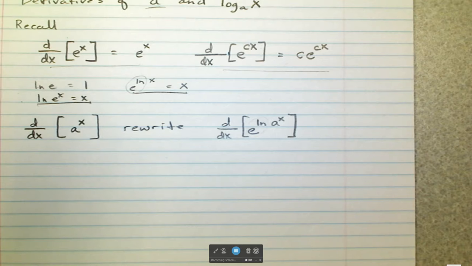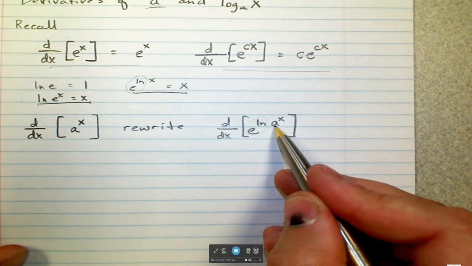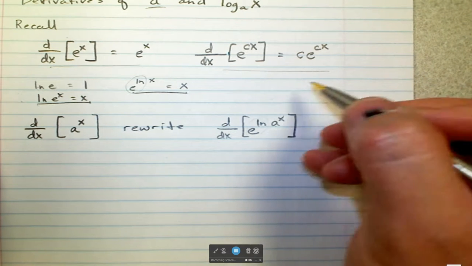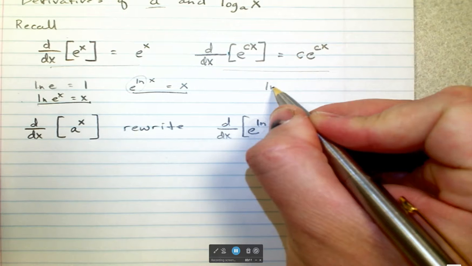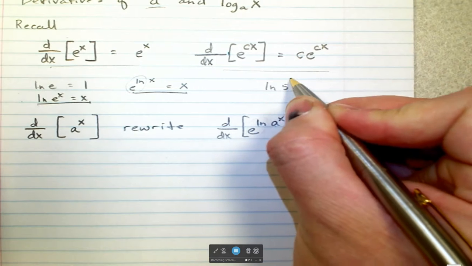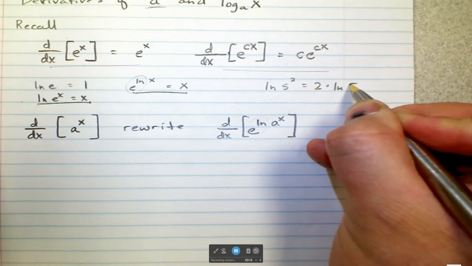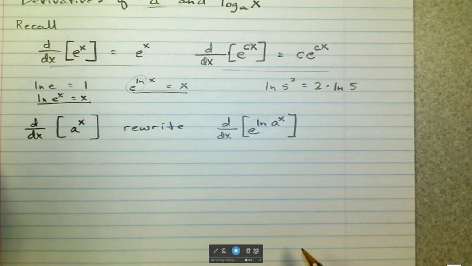Now, one other thing. Remember the natural log of something raised to a power. Let's recall that the natural log of 5 squared is 2 times the natural log of 5. Fair enough?